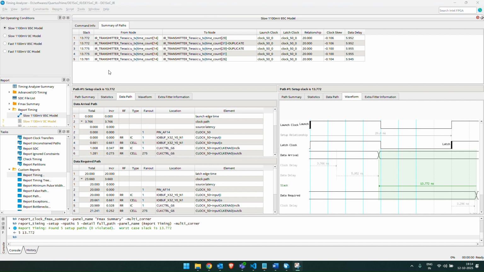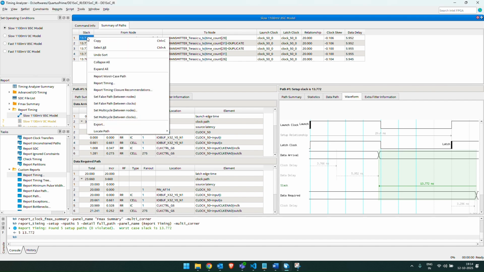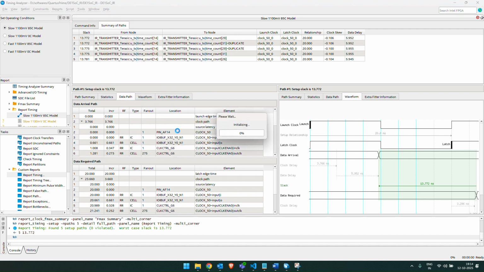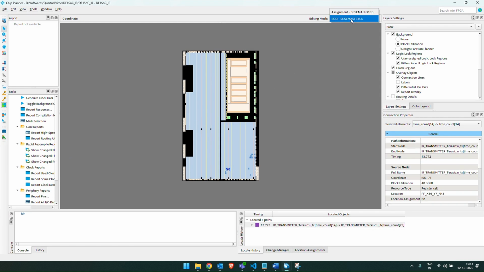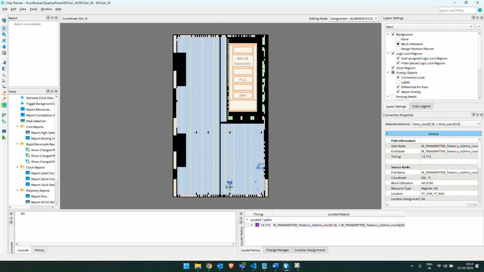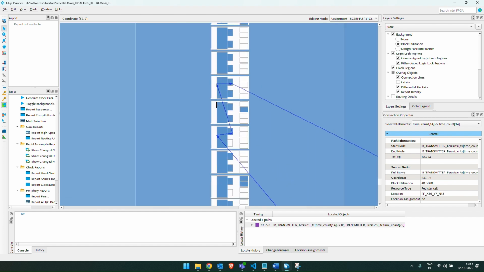Now we'll look at the actual place and route of this critical path, and we'll try moving the flip-flops in the critical path, and we'll see how it affects the delay. So let's open the chip planner, and if you look here, this is our critical path.